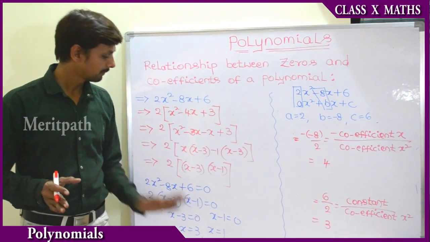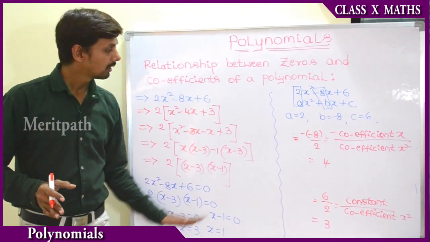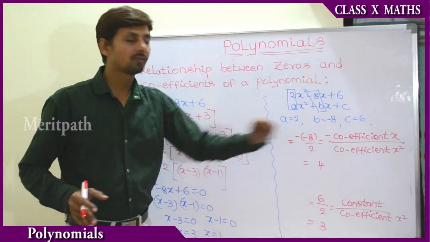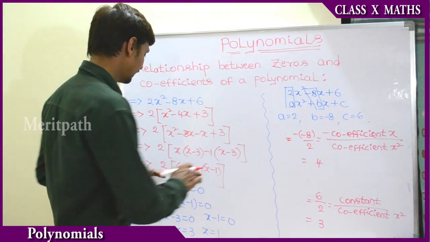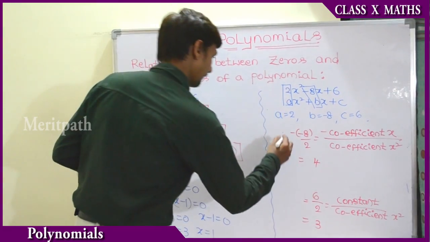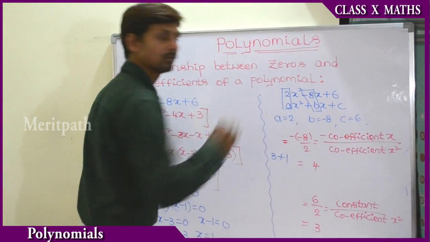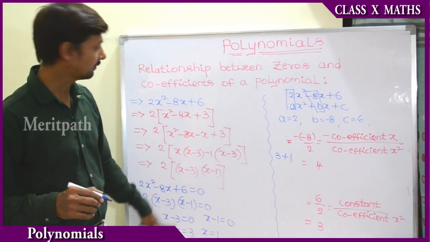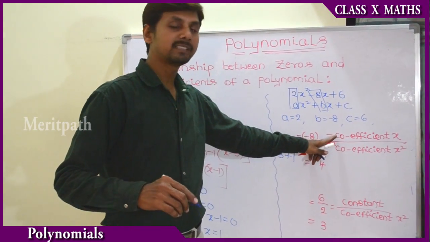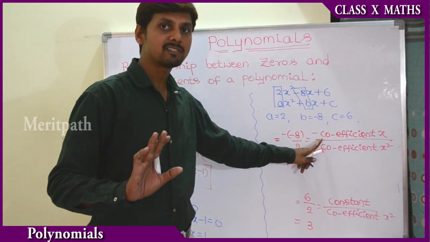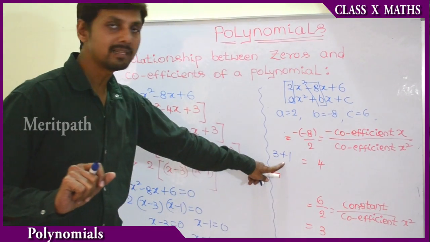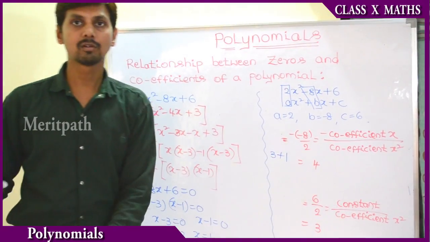That is nothing but the sum of these zeros is equal to minus coefficient of x by coefficient of x squared. That is 3 + 1. The sum of the zeros of this polynomial is equal to minus the coefficient of x by coefficient of x squared, that is 3 + 1 = 4.